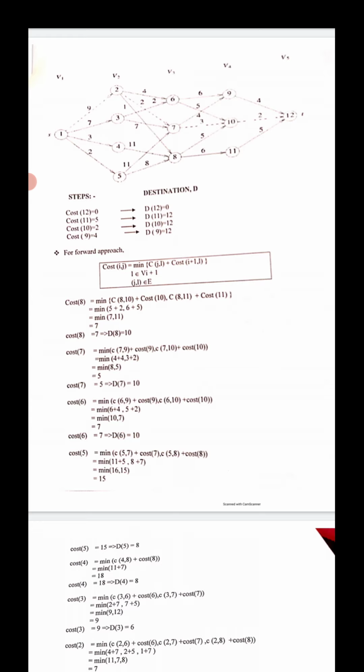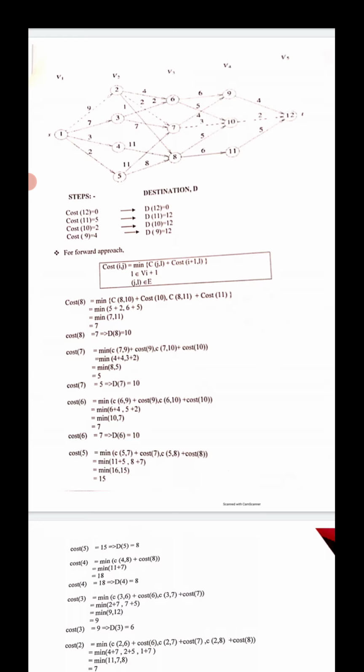Now we choose cost of 7 comma 9: the value is 4, plus cost of 9, which is given in the above steps as 4. Cost of 7 comma 10 is 3, listen carefully, 3 plus cost of 10, which is 2.